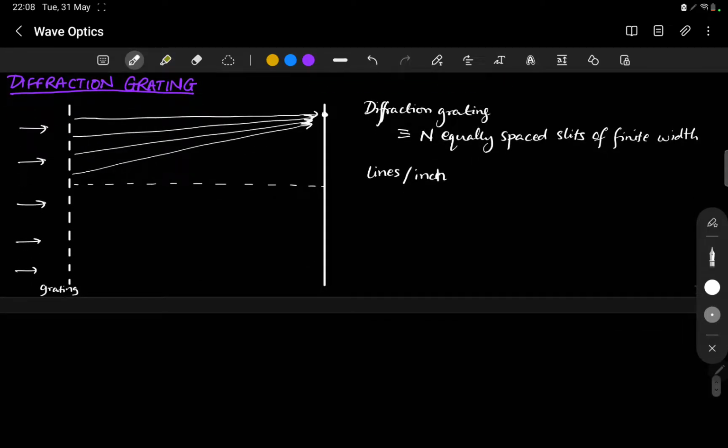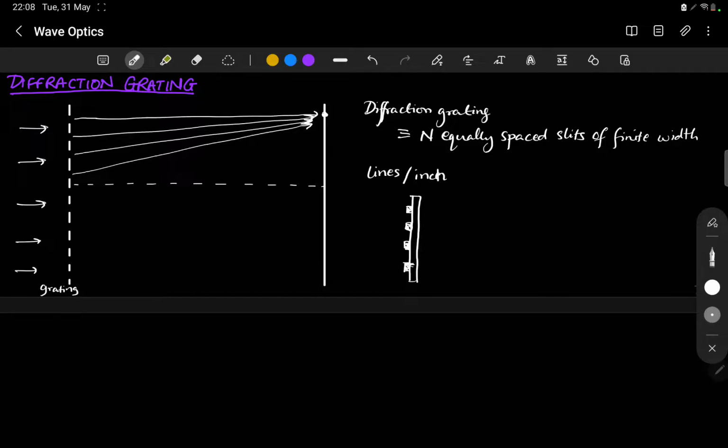This basically tells us that if we have a diffraction grating made from a piece of glass in which either there are lines or grooves imprinted on it which block the light, and then there is a transparent part which allows the passage of light.